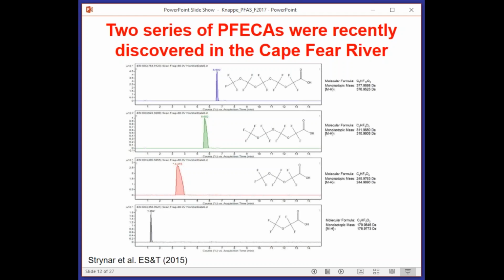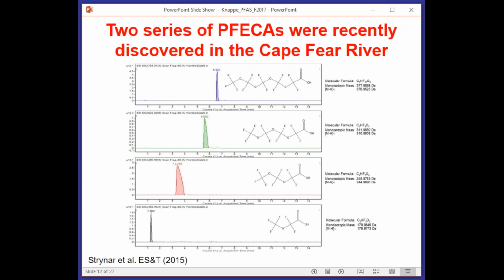And again, these are compounds for which we lack really any information so far. We don't have analytical standards for them. We don't have any toxicity information on them.